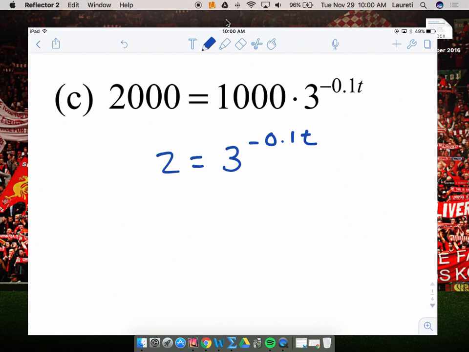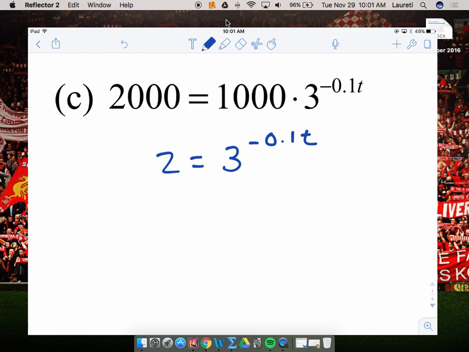But ultimately our goal is to figure out what exactly t is equal to, right? So I need to figure out a way so that I can bring that variable out of the exponent, okay? There was a thing that we did last section: if you have something as an exponent and you want to bring it down, what would you have to do? Right.